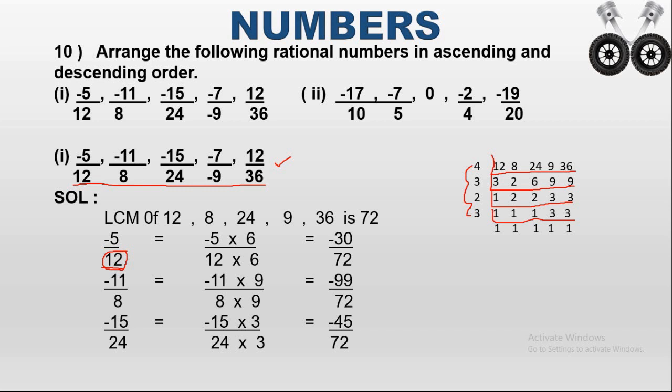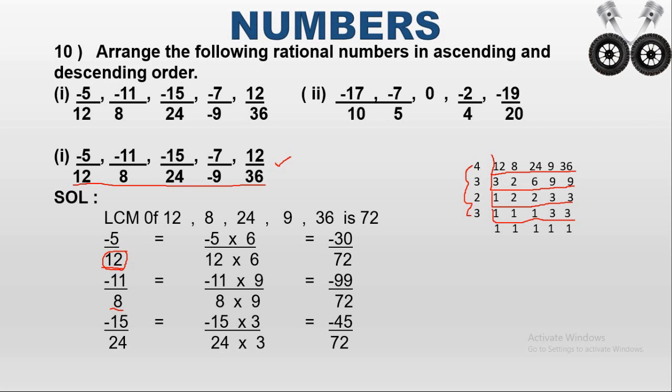The second rational number is minus 11 by 8. I have to convert the denominator into 72, so I multiply numerator and denominator by 9. Minus 11 into 9 divided by 8 into 9. 11 into 9 is 99, and plus into minus is minus. So, minus 99 by 72.